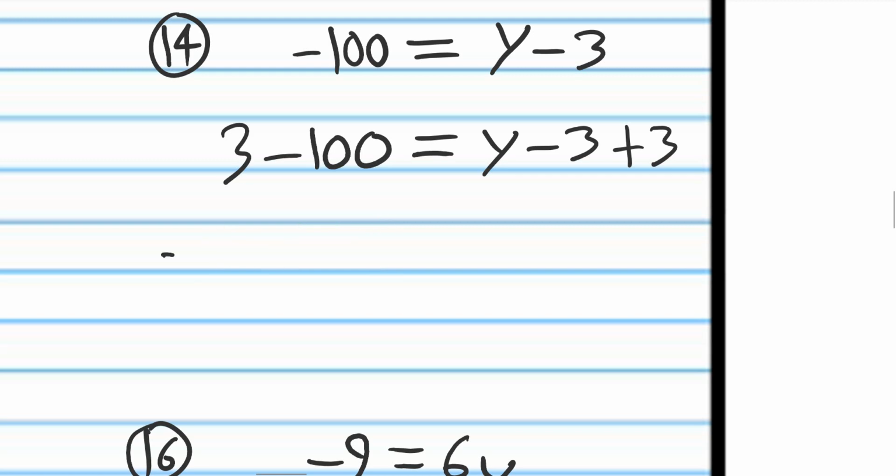Also, you can write the negative 100 on this side and add the 3. I guess I already talked about that. So these 3's cancel out. You're left with y. And over here you have 3 minus 100, which is negative 97.